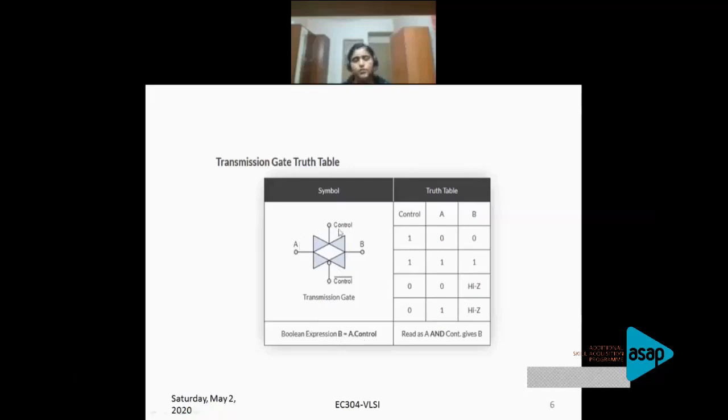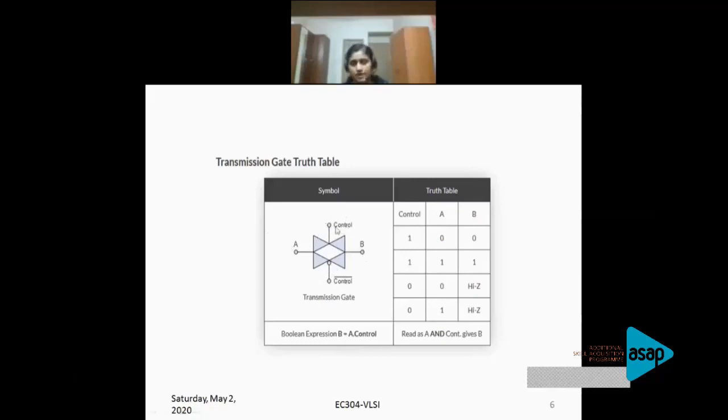One thing to remember is that the output is always the input multiplied by whatever term is at the gate of the NMOS. You need not look at the gate of the PMOS. So your B equation is A dot control. Suppose instead of control you have some X; then B is A dot X.